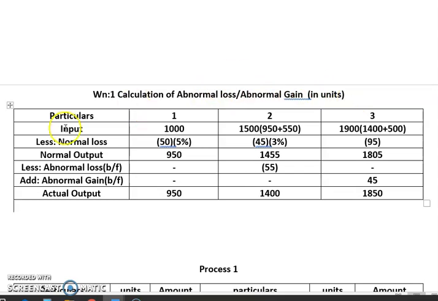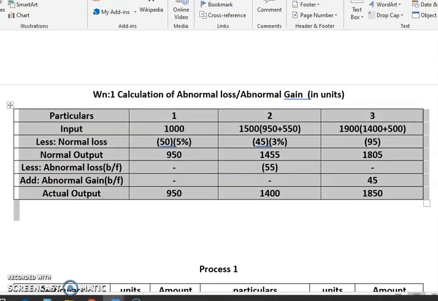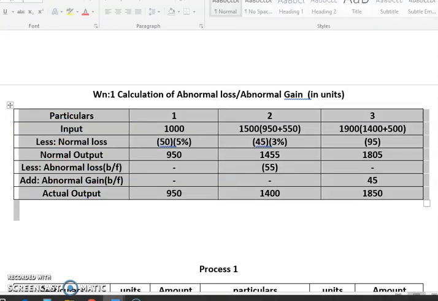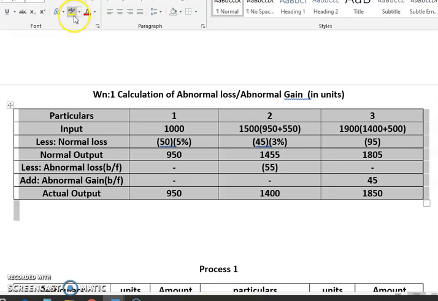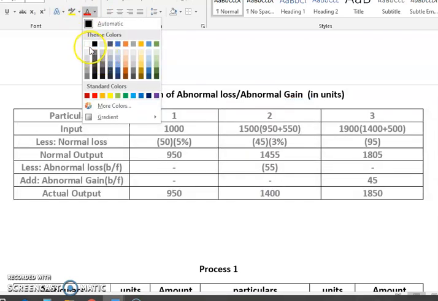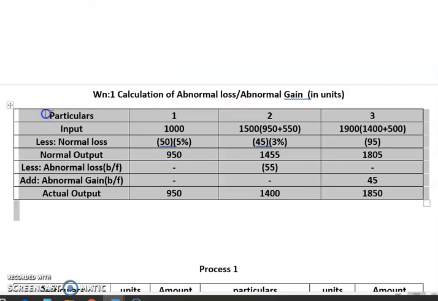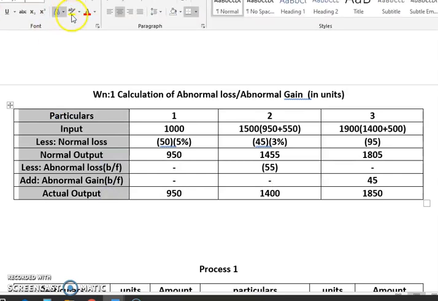Now this will be the format. I want you people to remember the format because this will hold good for all the problems wherever you have normal loss, or sorry, abnormal loss or abnormal gain.